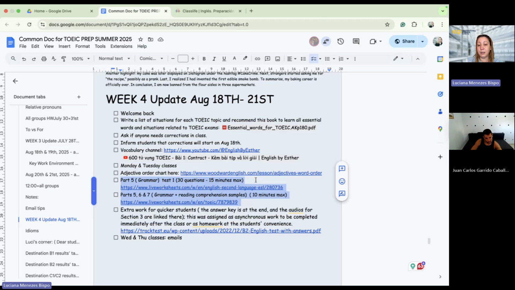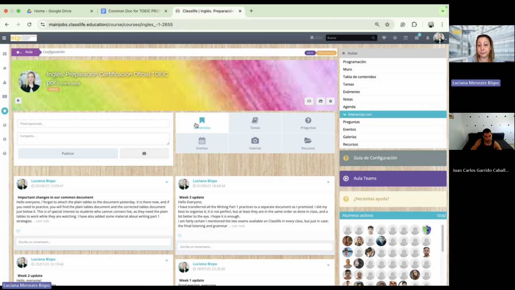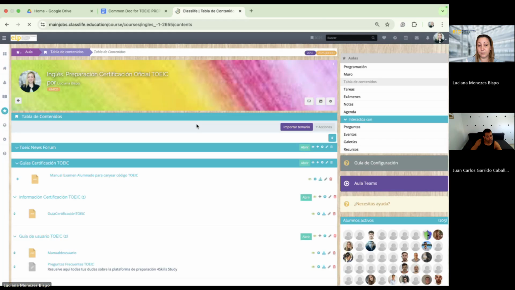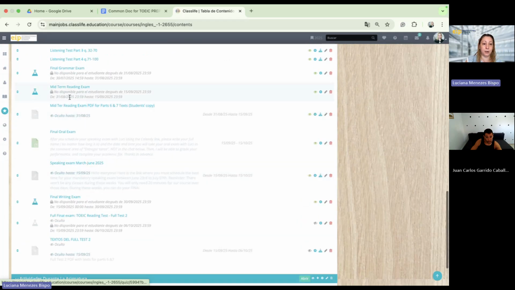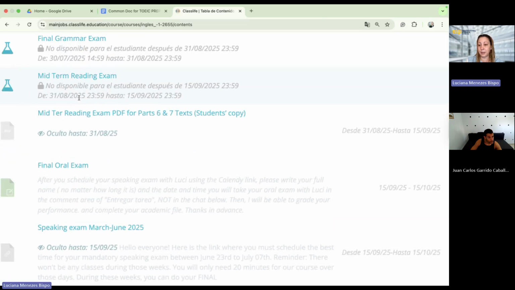These are the samples of parts 5, 6, and 7, and they are exactly the same as this exam here, the midterm reading exam. This exam will be open on the 31st of August, and it's going to take you only 20 minutes because, as I said, it is a sample.